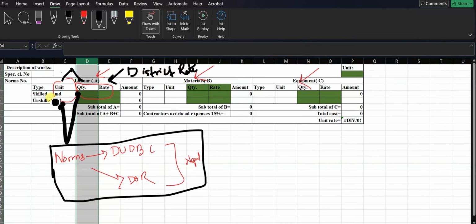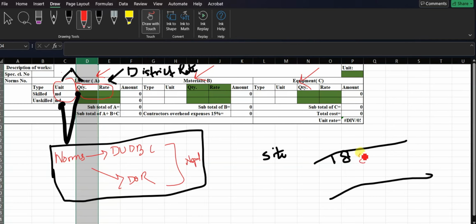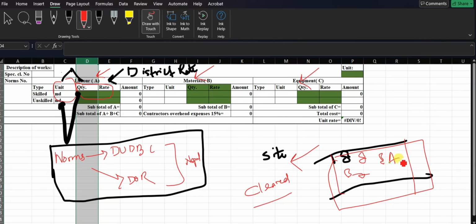Let us suppose we need to make the site clearance. If you are making a road project and there are trees over here, then these trees should be cleared off. For that clearing purpose, the area and the number of labor or people required is given in the norms.